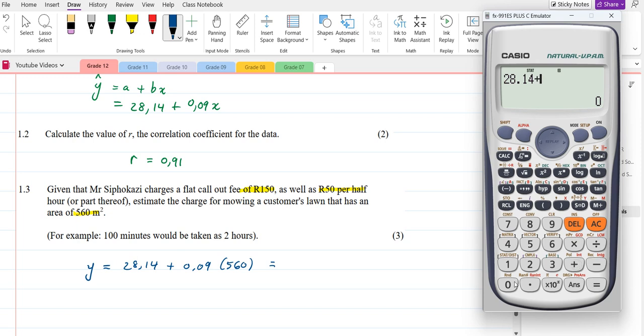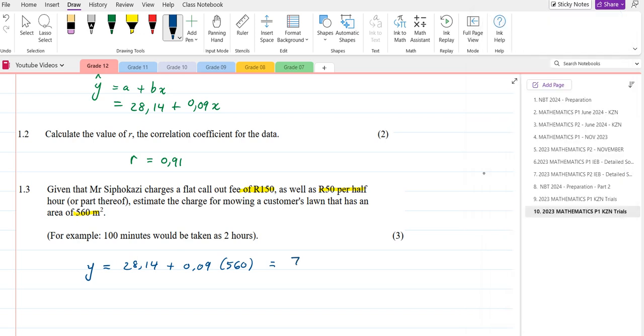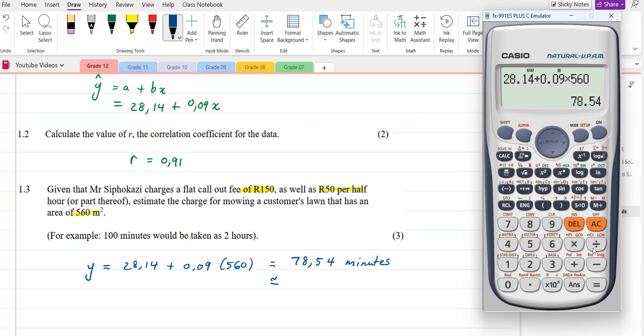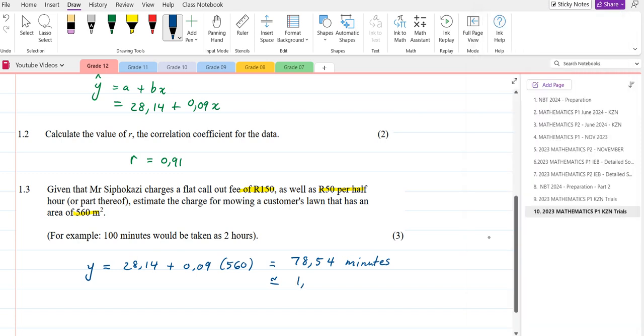So we are getting 78,54 minutes. 78,54 minutes is approximately how many hours? We need to divide by 60. So we are getting approximately 1,3 hours.